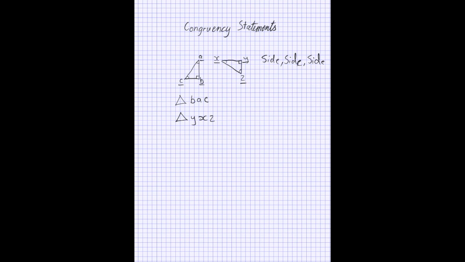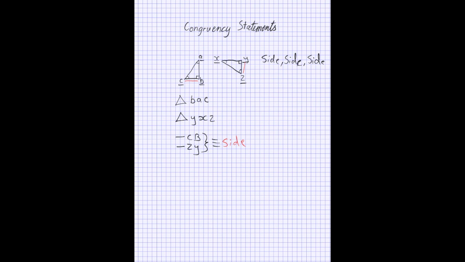Now, if we look at side C to B, so we're going to go line CB, we can see it's got 3 squares across, and so does line segment ZY. They both have 3 lines across. So we know we've got one congruent side.